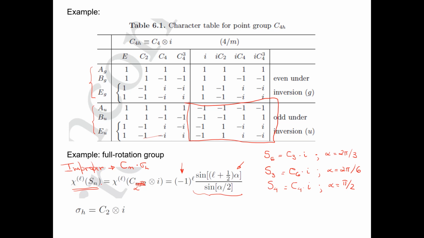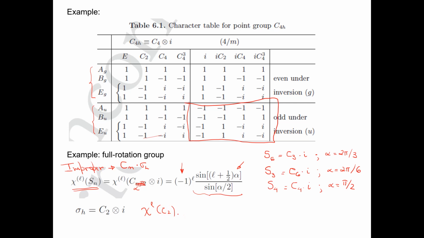And also mirror symmetries, reflection symmetries. So reflections you can always combine with C2 operations. So reflection is equal to a C2 combined with inversion, right? So using the same argument, you can remember. So what is the character in the full rotation group for a C2 rotation?